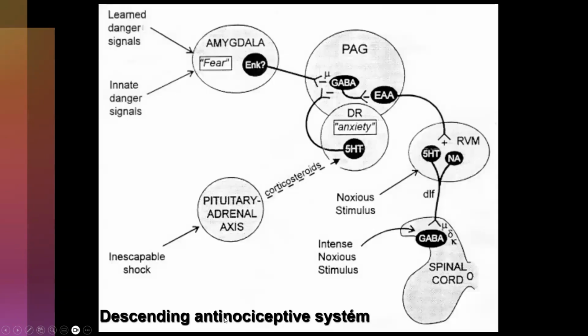This is the descending anti-nociceptive systems schematic diagram. Here we can see this is the amygdala, the learned danger signals and the innate danger signals. They are all getting over here, causing the situation of fear when there is any noxious stimulus coming and carrying the information through the RVM, through the PAG or amygdala, pituitary adrenal axis.